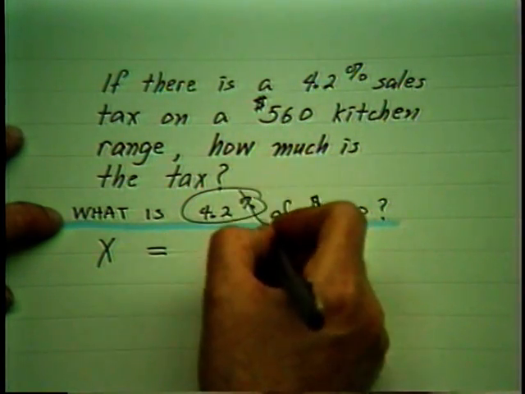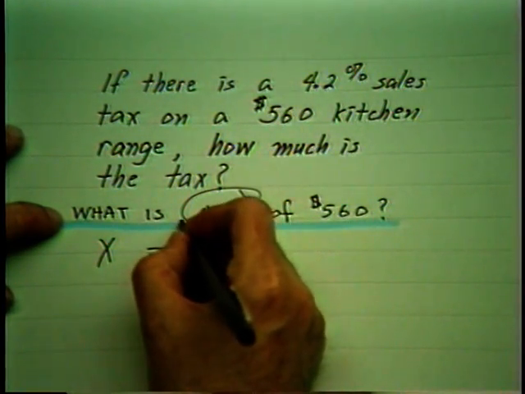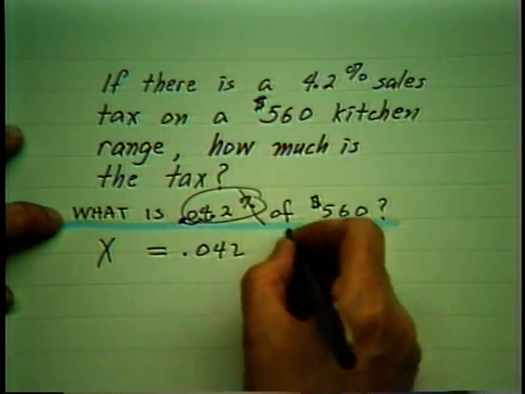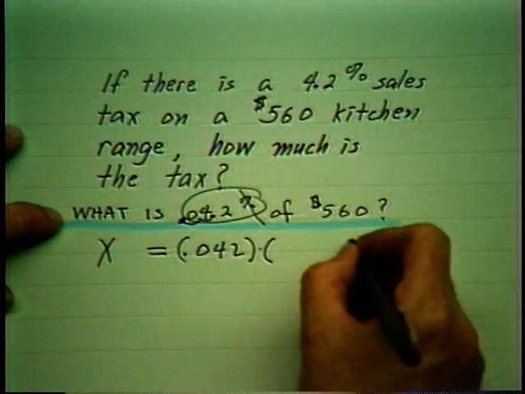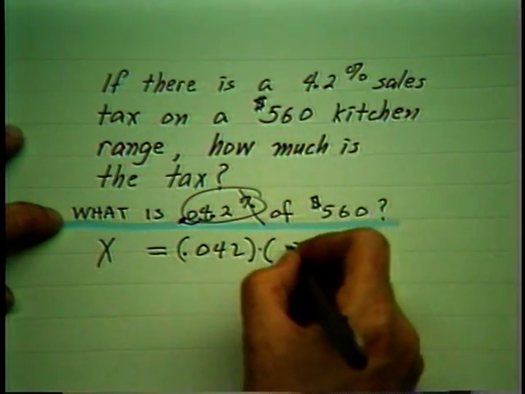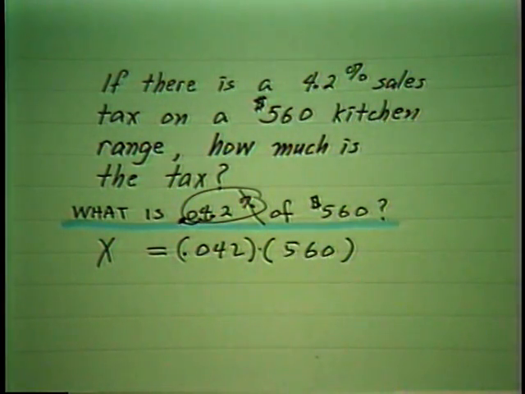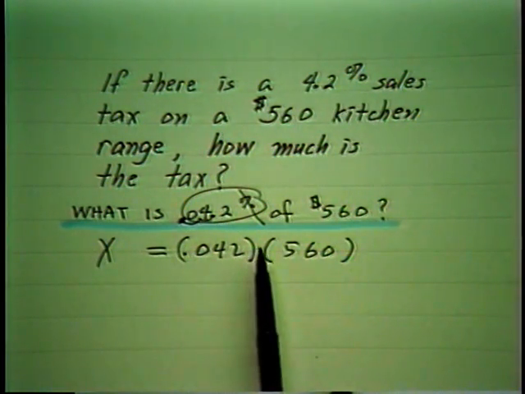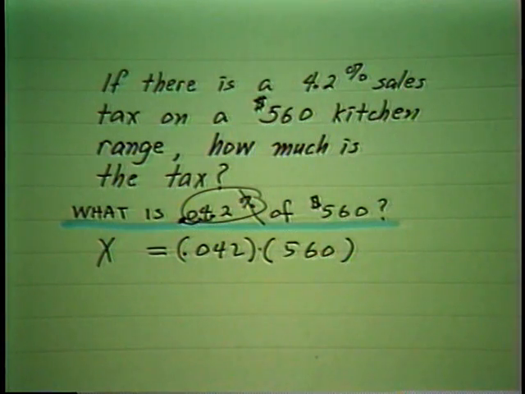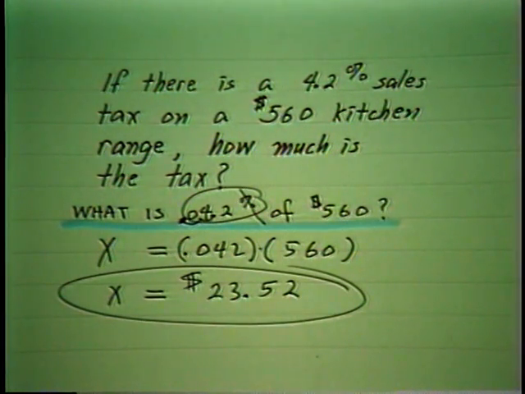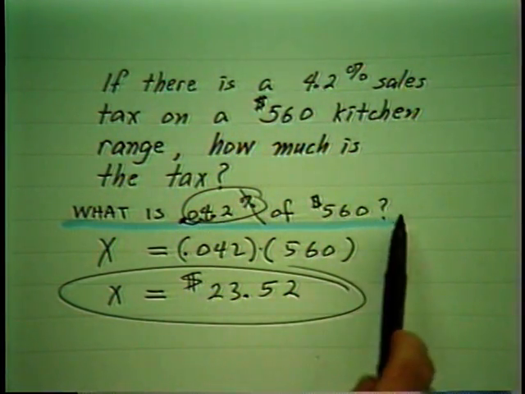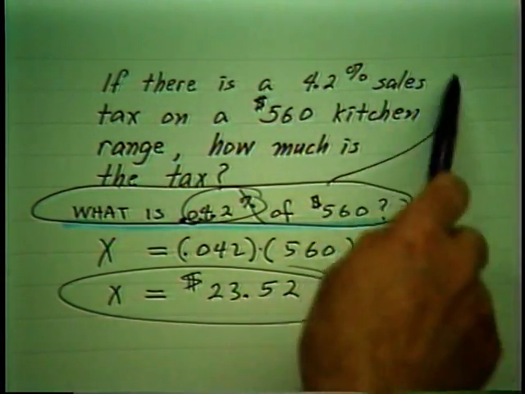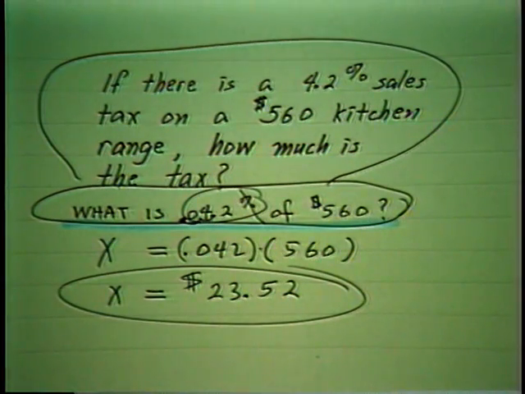If I want to get away from a percent, I move it 2 places, which gives me 0.042. Of is times 560. And see, in this case, it's telling us exactly what to do. My unknown is that number times that number, which is $23.52.